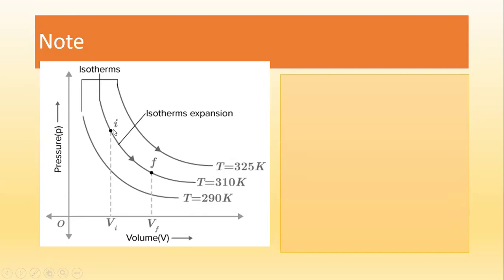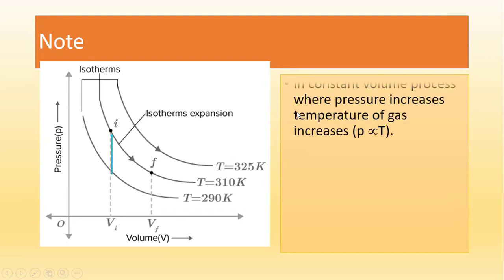Whereas if it moves down at constant volume, lower temperature; if it moves to the right, it goes to higher temperature. In a constant volume process, where pressure increases, temperature increases, so P is proportional to T.